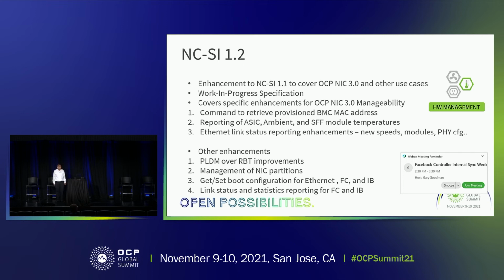There have been other extensions that we've added to 1.2. PLDM over RBT was not previously defined or supported, but for those devices that do things in PLDM that are not supported or defined in NCSI itself, there's the ability to do PLDM operations, including firmware update over NCSI RBT.